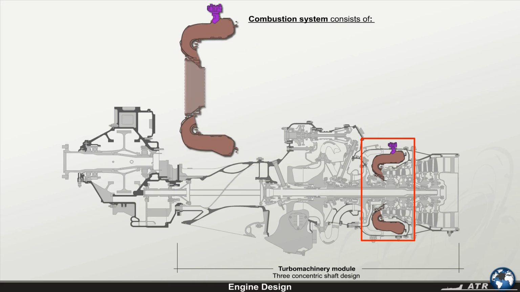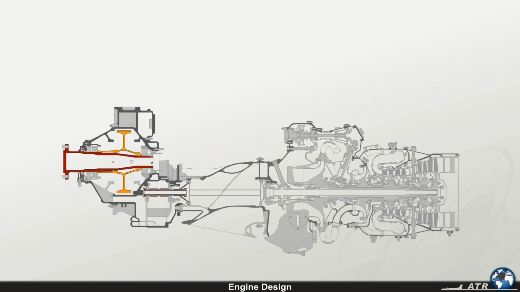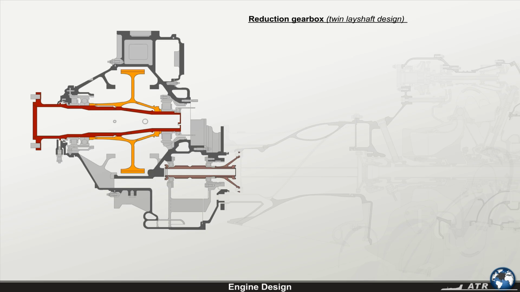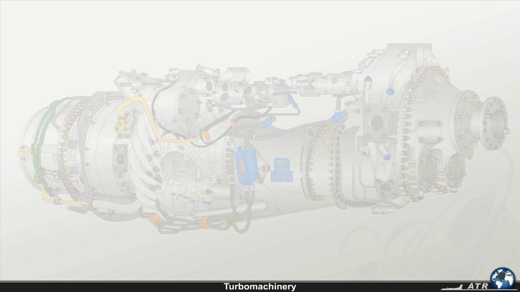The combustion system consists of an annular reverse flow combustion chamber, 14 fuel nozzles, and a dual ignition exciter system. The reduction gearbox is a twin lay-shaft design containing the first and second stage reduction gears and the offset propeller shaft.